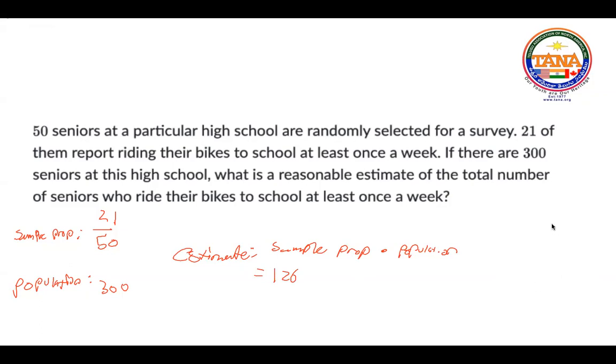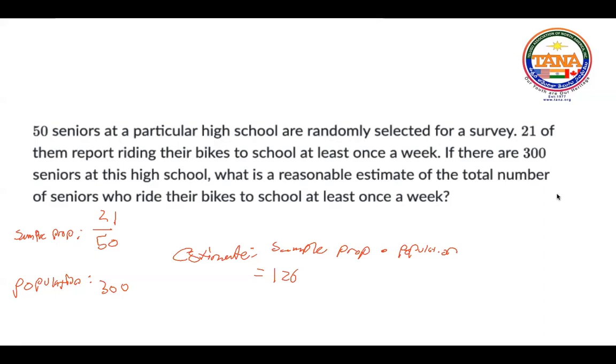So for the people who got it wrong, would you like to explain why, so I can tell you what you did wrong? I saw a couple of other answers other than 126. Also, Bhavana, what you did wrong is you did your total over your sample.